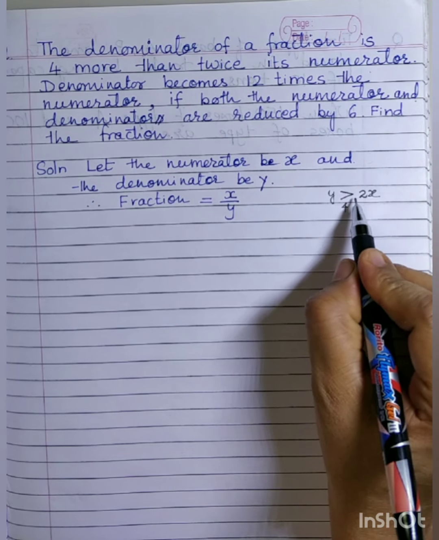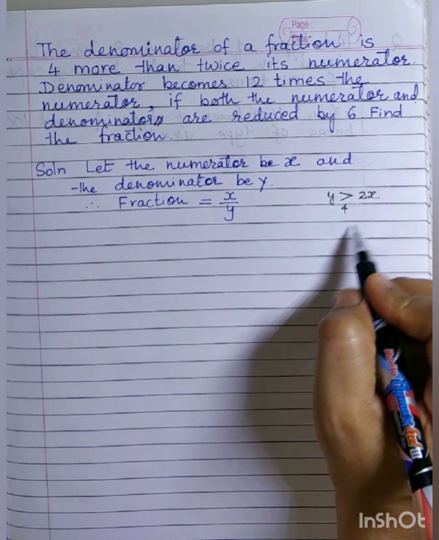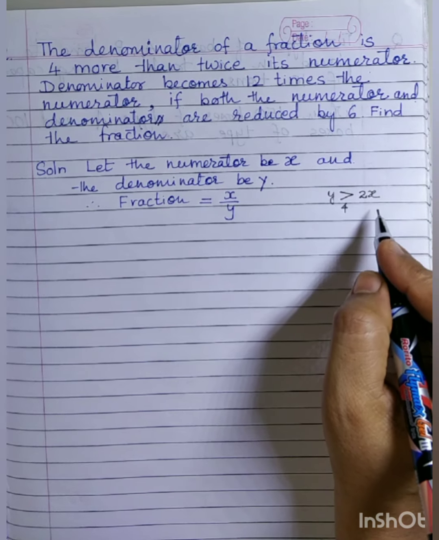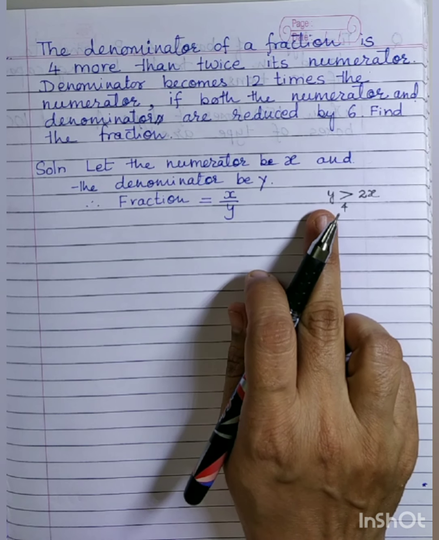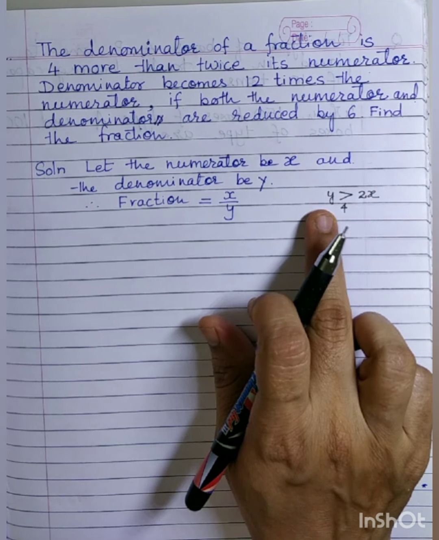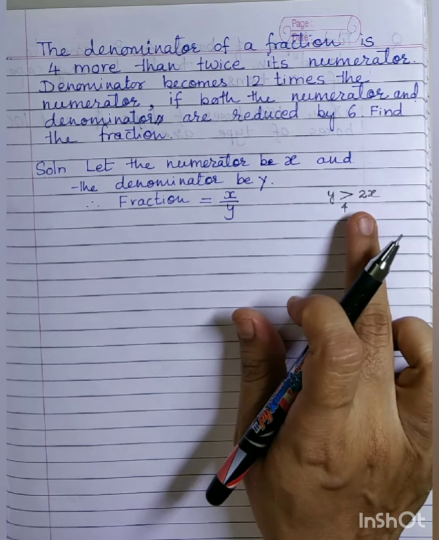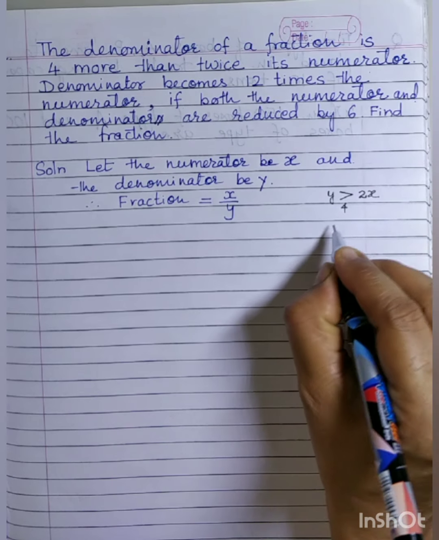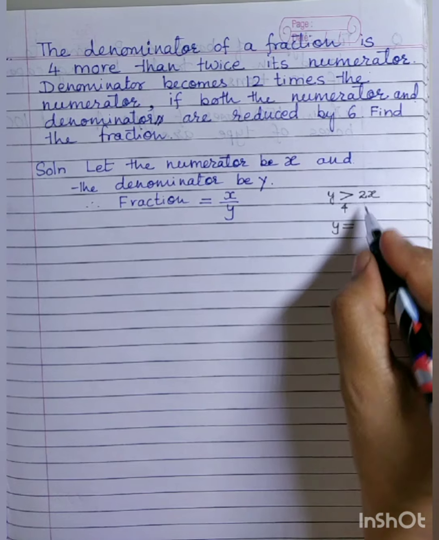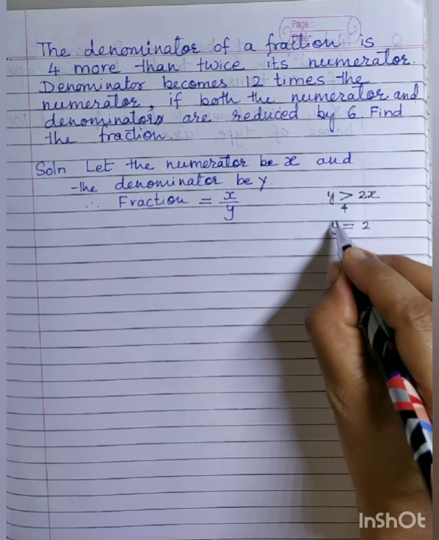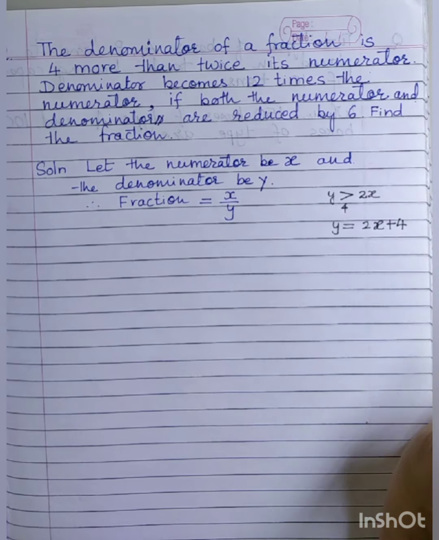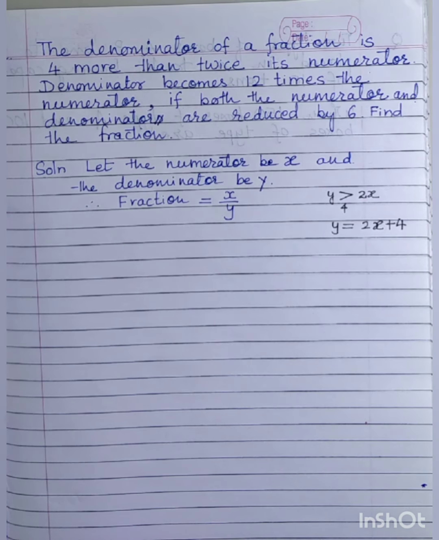Now this inequality sign, if I want to exchange with an equal to sign, as we are talking about equations, the greater side should be subtracted by 4 in order to make it equal, or the smaller side should be increased by 4. So y is more, so I will have to increase 2x by 4. So y is equal to 2x plus 4. I hope everybody understood this.